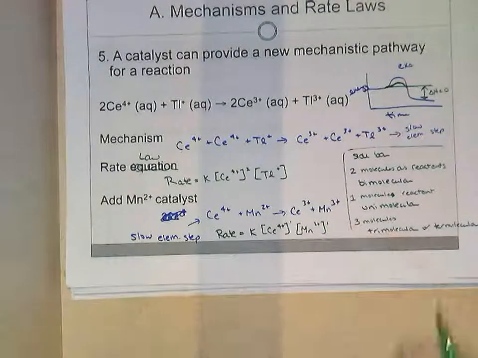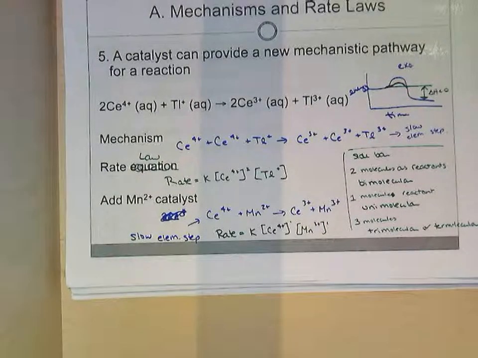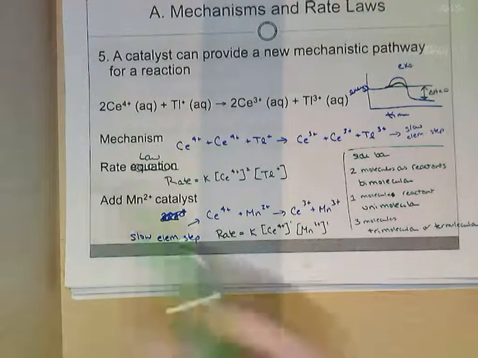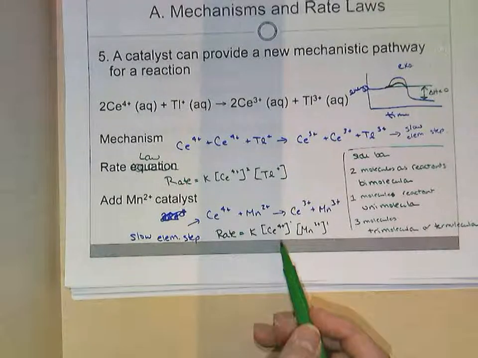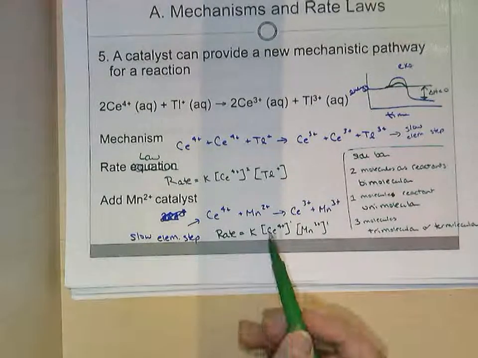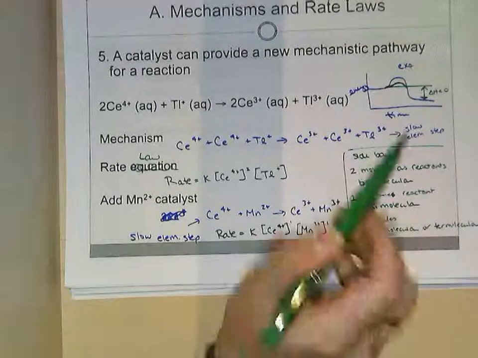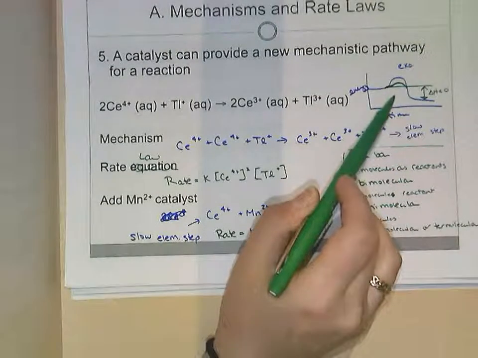How many reactants do I have colliding together? 2. What would I call that? Bimolecular. And this makes it better because it's no longer termolecular. Bimolecular is much more likely to happen. So the catalyst lowers the activation energy, which is a measure of likelihood of reacting.